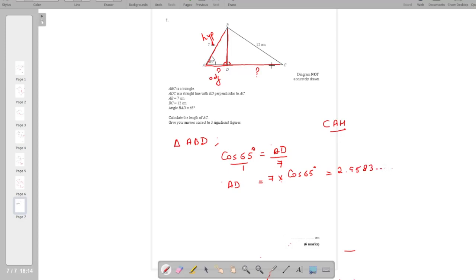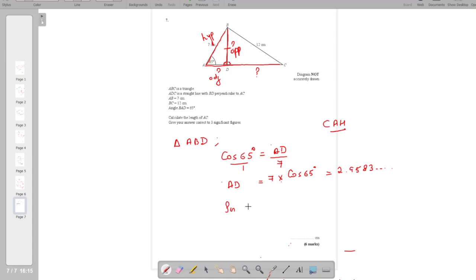To find the DC, if you find the BD, then we could use Pythagoras theorem on the second triangle. So to find the BD, we could use the same triangle, that's opposite. We could use sin.